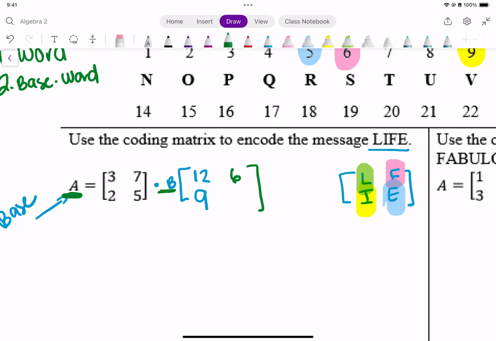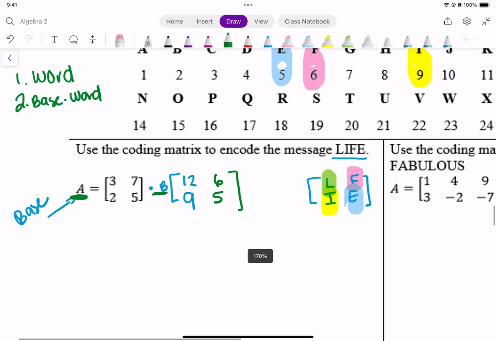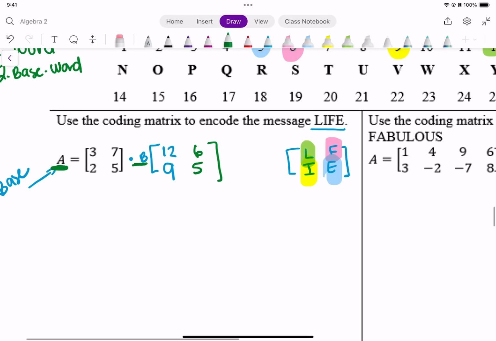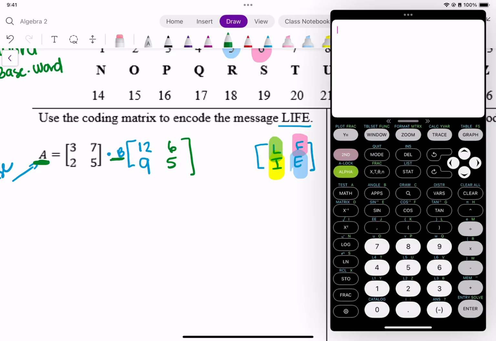I wrote an E instead of 5. There we go. Now let's multiply base and word. So for that, let's save them. We're going to open up again matrix, so second matrix. We're going to go to edit. We're going to edit the first one. It's still a 2 by 2. We're going to just modify the numbers. So 3, enter, 7, enter, 2, enter, 5, enter.